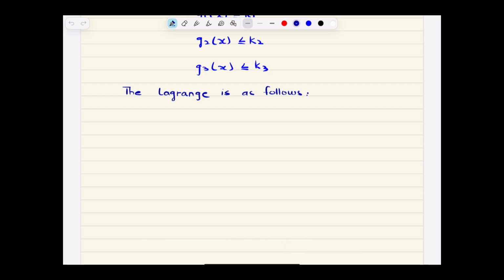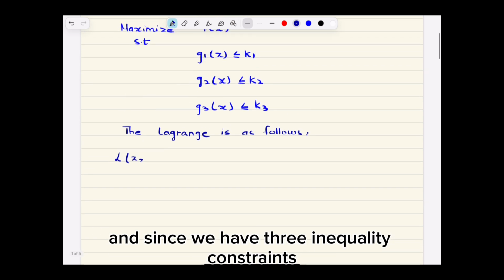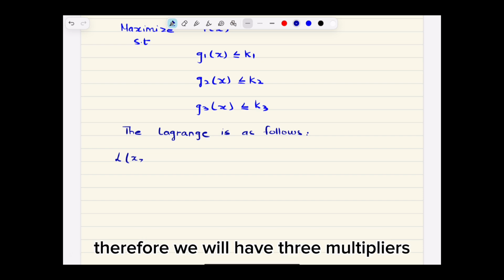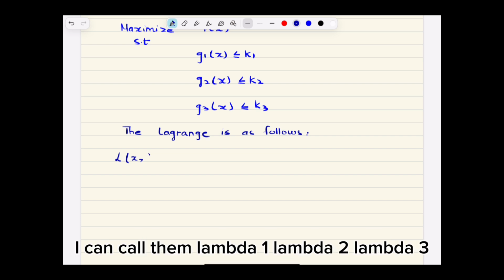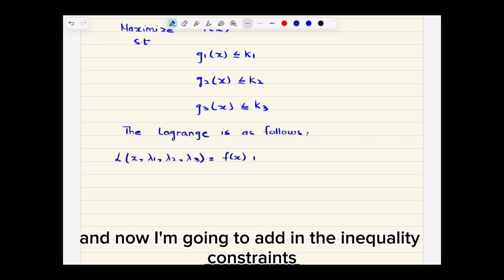So the Lagrange function is going to be a function of x, and since we have three inequality constraints, we will have three multipliers. I can call them lambda 1, lambda 2, lambda 3, and I want to maximize f(x), and now I'm going to add in the inequality constraints.